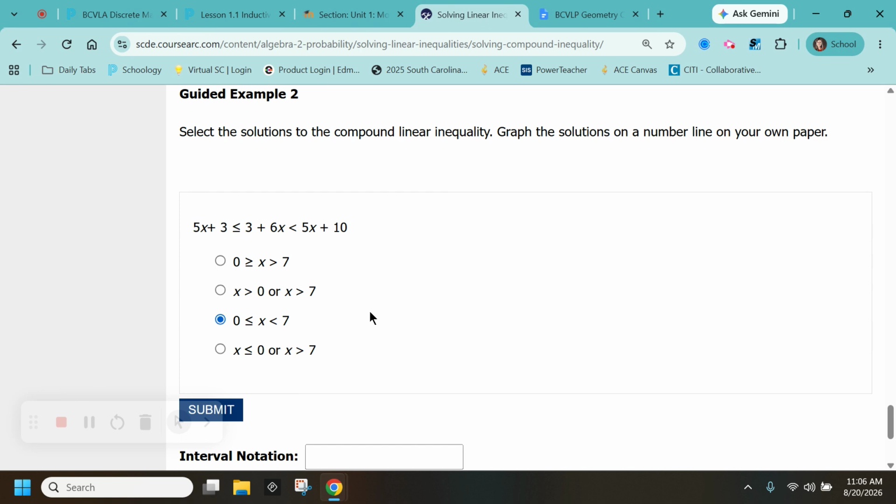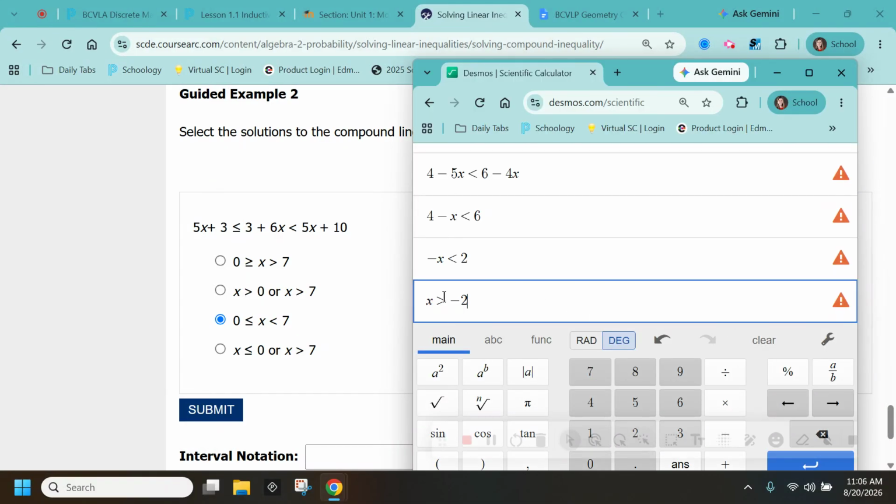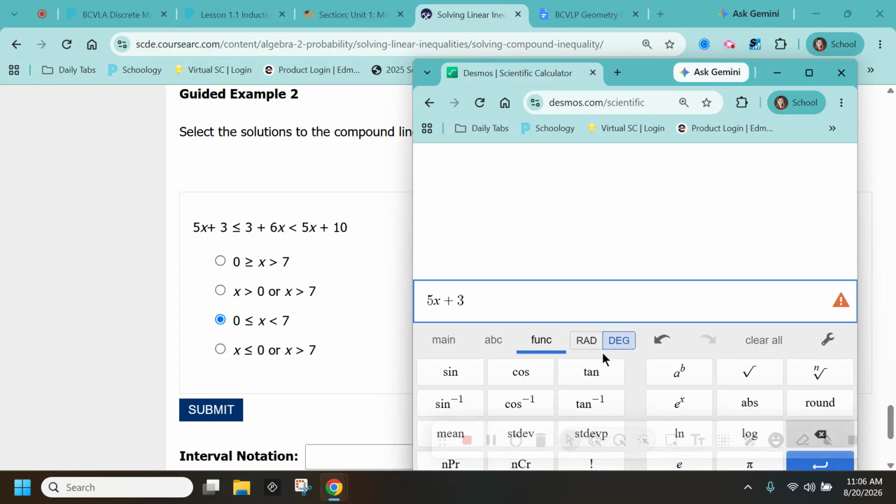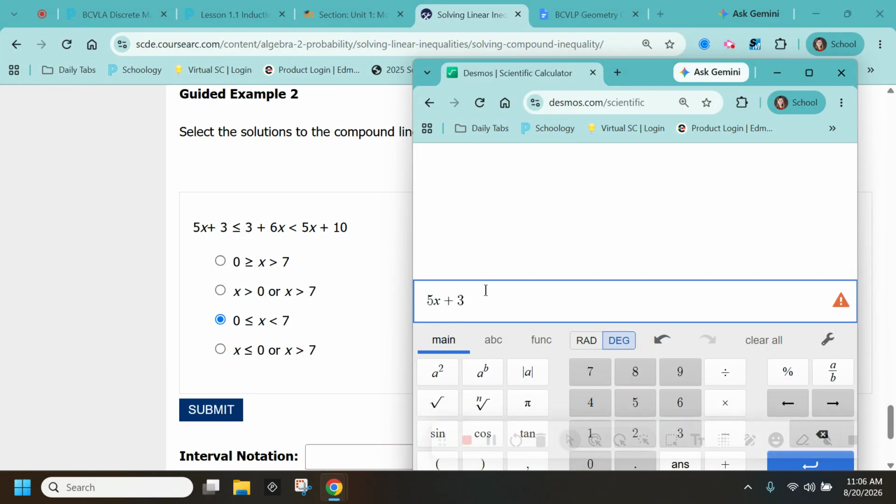For guided example 2, we have a compound inequality. I'm going to try to do this all in one line, which we are just going to split into the two pieces. So 5x plus 3, I don't think I have that symbol, we're just going to use this symbol for now, less than or equal to 3 plus 6x.